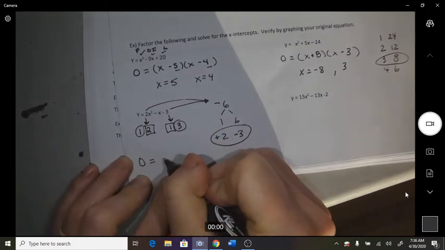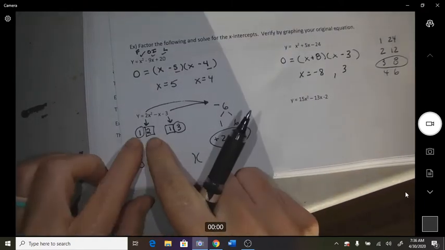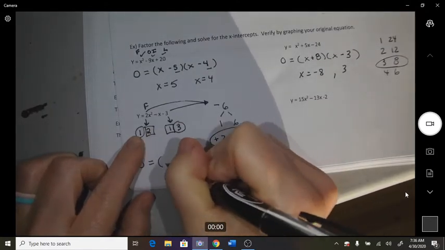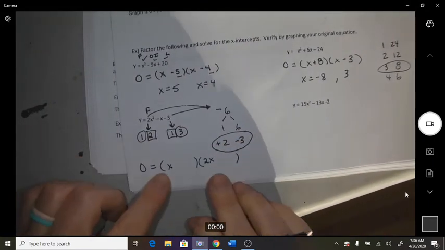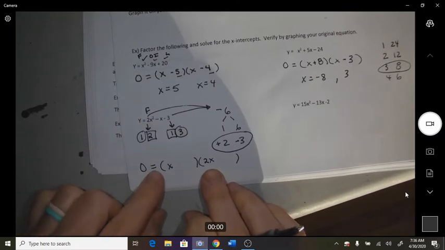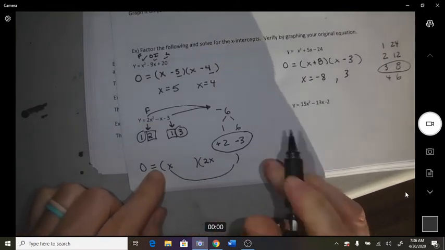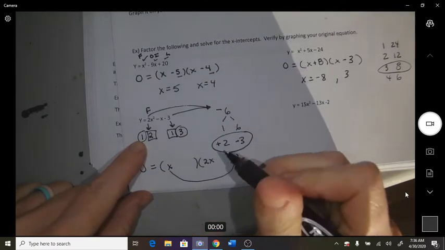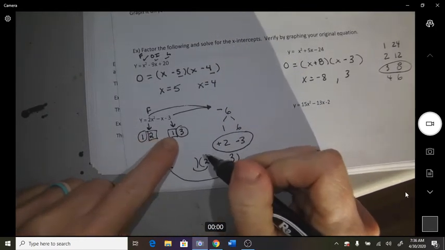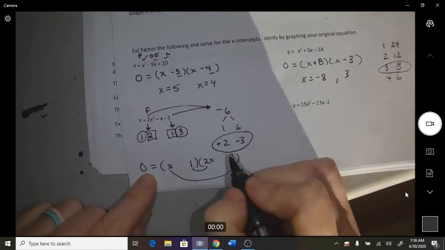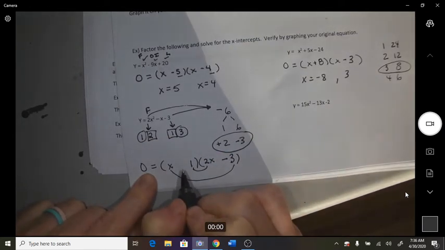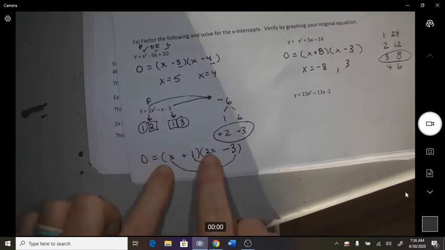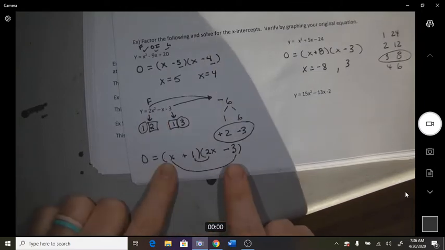Okay, so 0 equals, so this needs to go into my first spot, right? Because we need to get the 2. So x and 2x, that multiplies to 2x squared. Now I've partnered this 1 with the 3, and I've partnered this 2 with a 1. And I wanted the 3 combo to be negative and the 2 combo to be positive. So if I FOIL, ready? First times first, 2x squared, check.